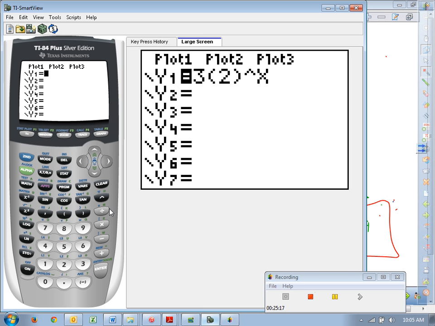So clear this out. 3 times 27 to the, come on baby, tell me what to type next. I need a parentheses because isn't the exponent a fraction, correct? So it is x over 4 in parentheses. Y'all good with that? Now let's check our table.